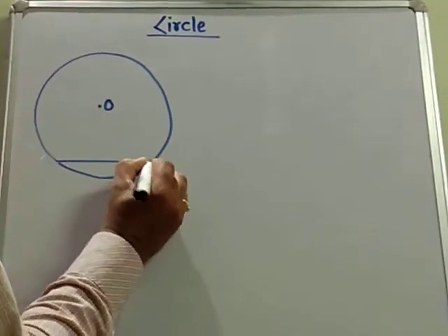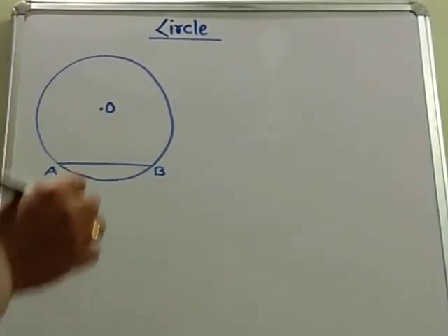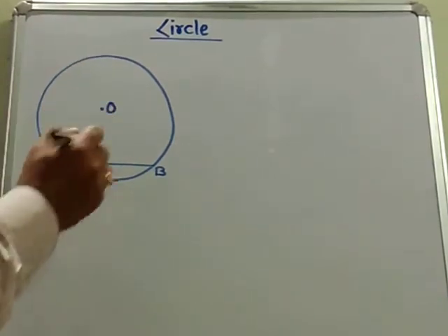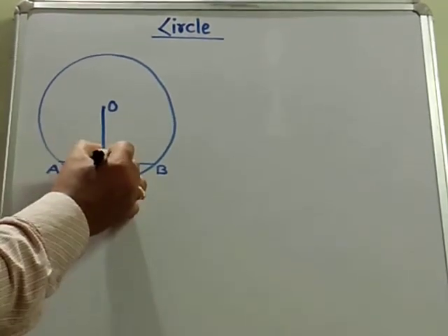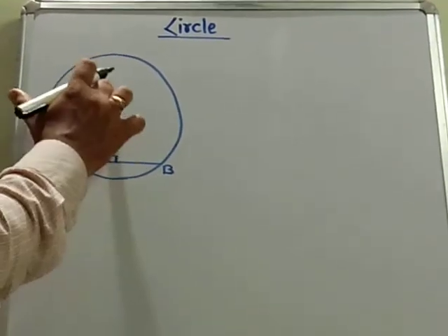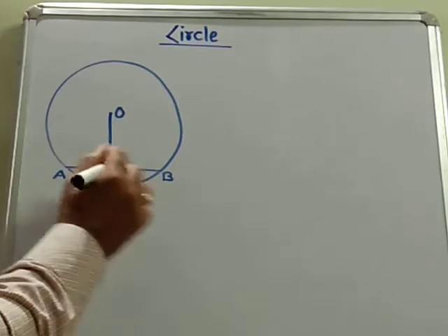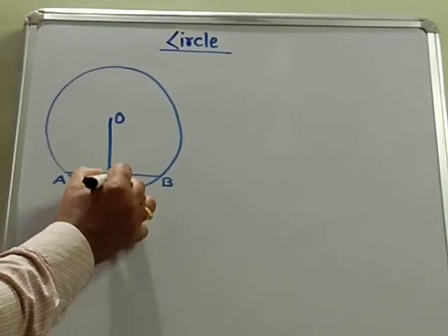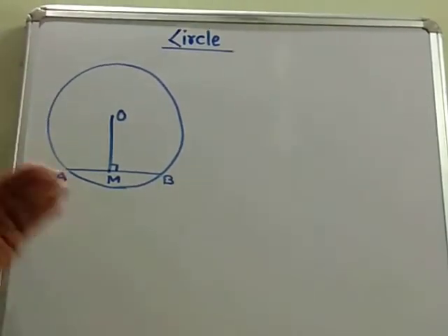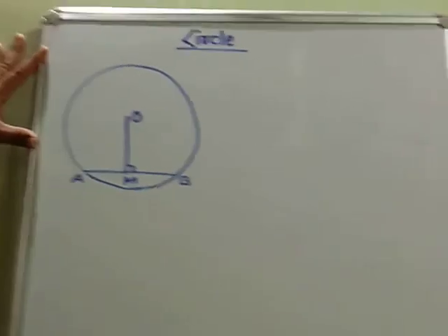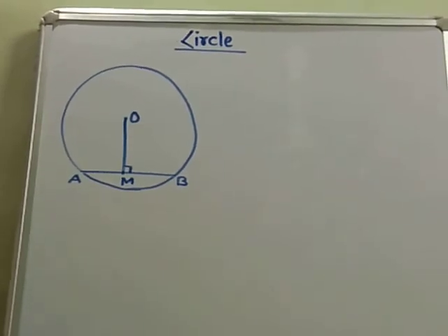Suppose this is a chord AB. The first property of the chord: if we draw a perpendicular from the center of the circle to its chord, it bisects the chord. That means AM and BM, two equal parts of the chord. This is the first property of the chord.